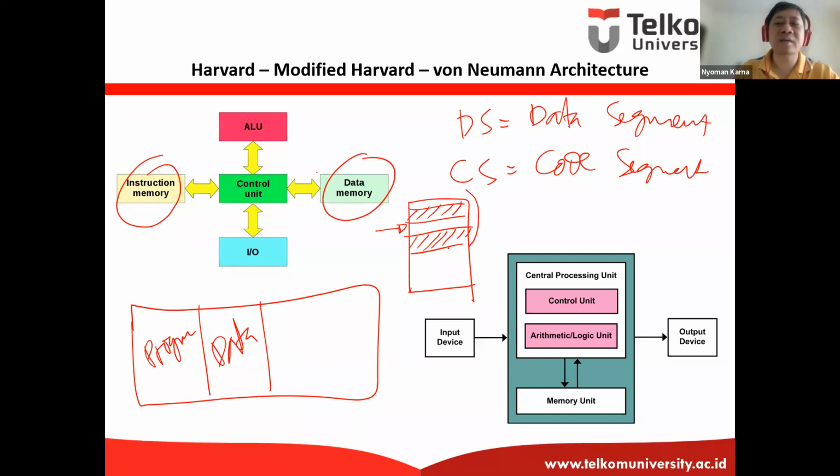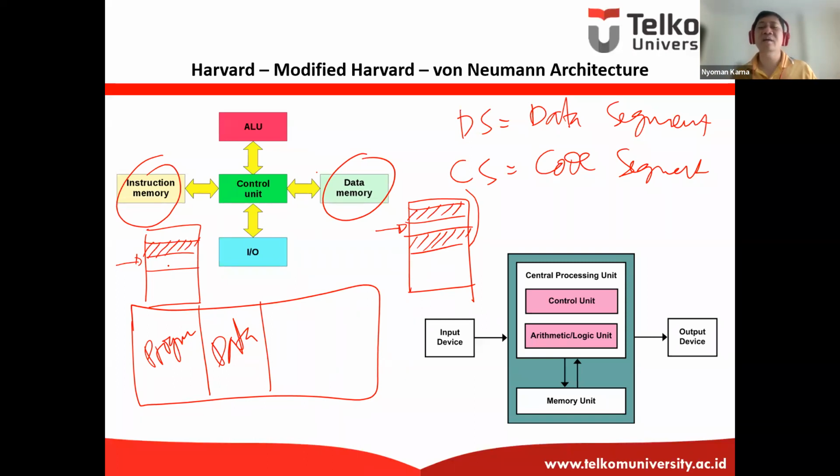However, in instruction, if right now the microprocessor accesses this instruction, then most probably it will retrieve the next instruction here. So it has a different type of locality.